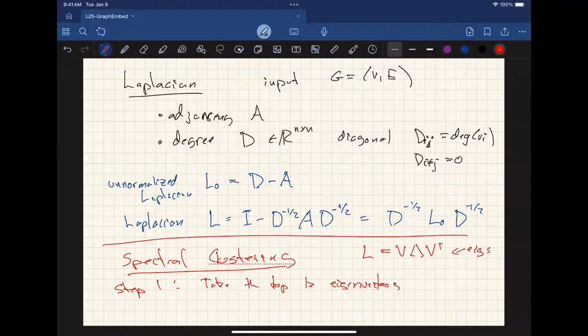So I'm going to take the top k eigenvectors, Vk, and then step 2, I'm going to partition, let's call this U, because V was vertices, okay? Partition U into clusters.